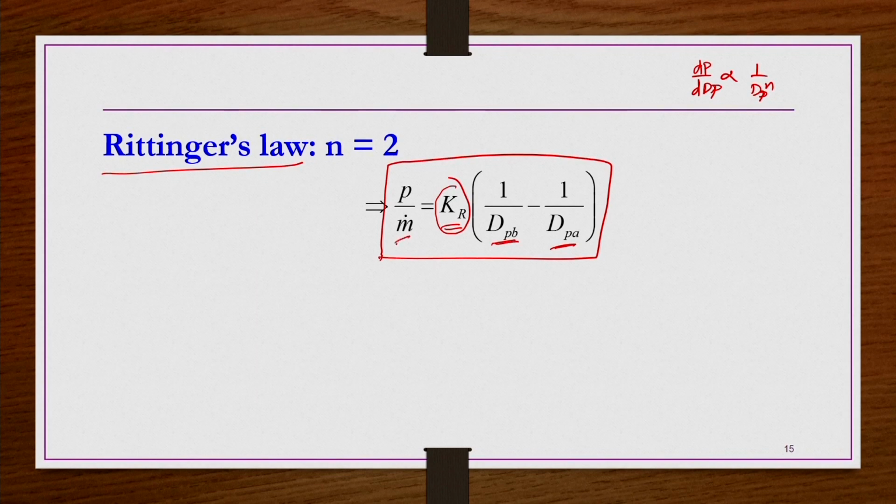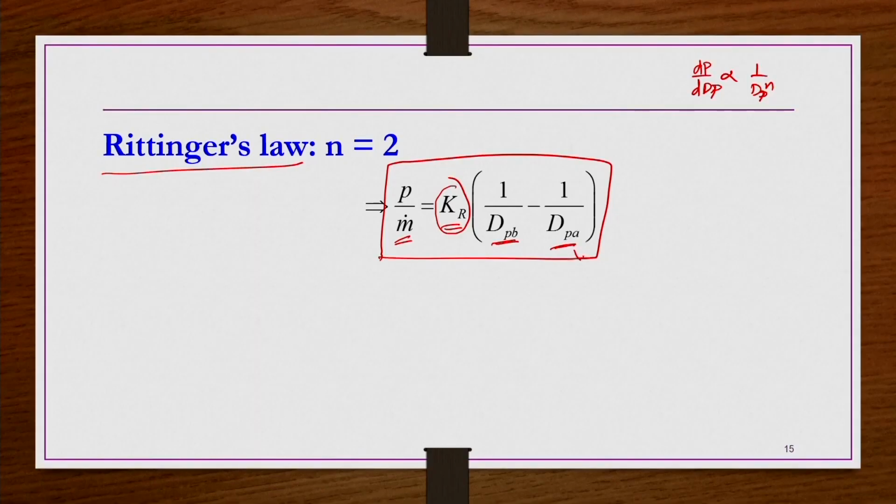Before crushing, whatever feed you have taken, the average size of that feed is dPa. And m dot is the mass rate of the feed, and P is the power requirement for this size reduction, to reduce the size of the particle from dPa to dPb.